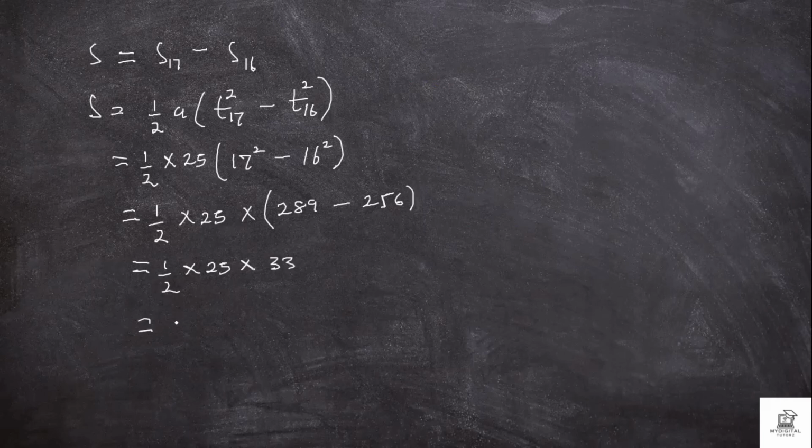This implies we have 25 multiplied by 33 all over 2, which is equal to 825 over 2, which is equal to 412.5 meters. I hope this is understood. So that is it for this type of question.